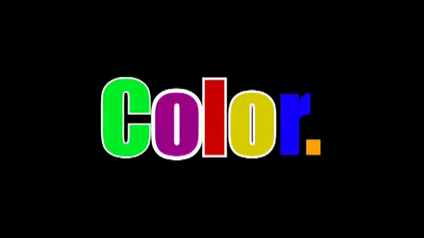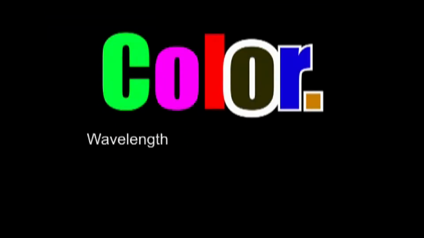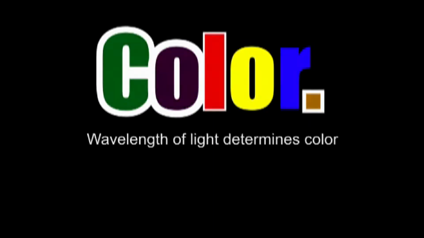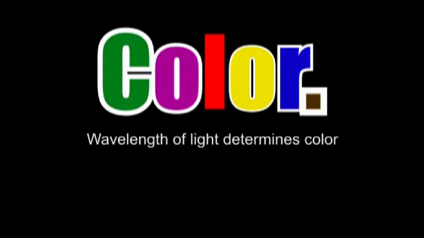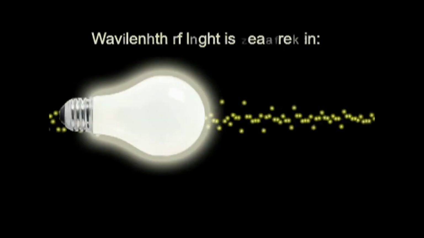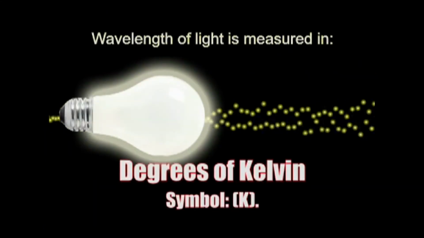Color is going to be our first property of lighting. The wavelength of light determines the color, which is the combination of primary colors, which are going to be your red, blue, and green. Light sources emit light at many different wavelengths, which are measured in degrees of Kelvin.